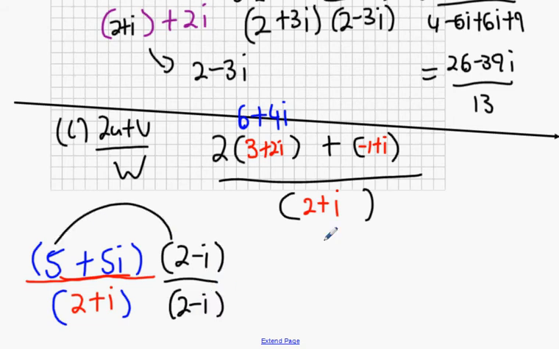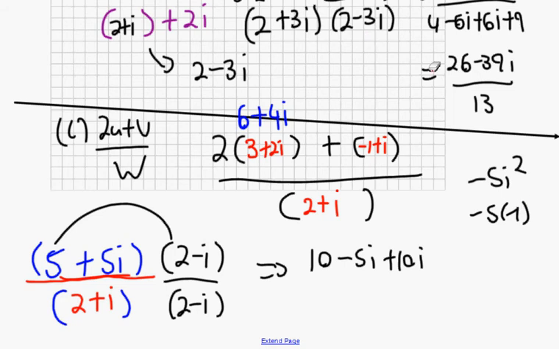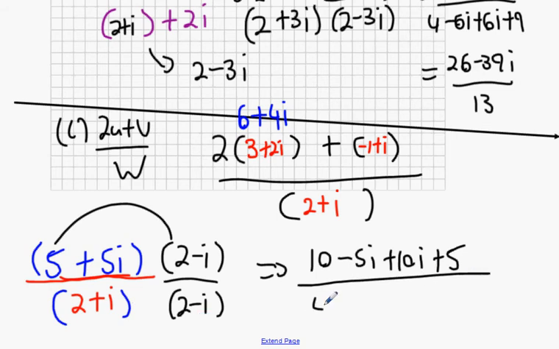Multiply it out. We get 10 minus 5i plus 10i. Minus 5i squared is the same thing as plus 5, all divided by 4 minus 2i plus 2i minus I squared, which is minus 1, which is plus 1.